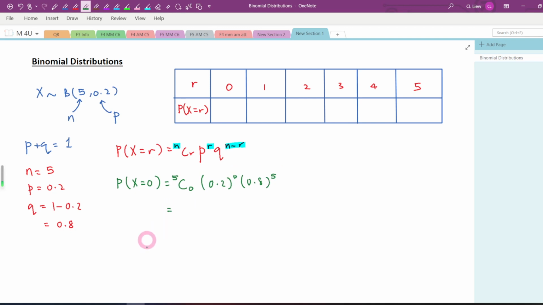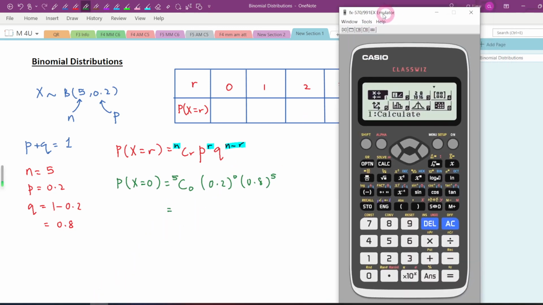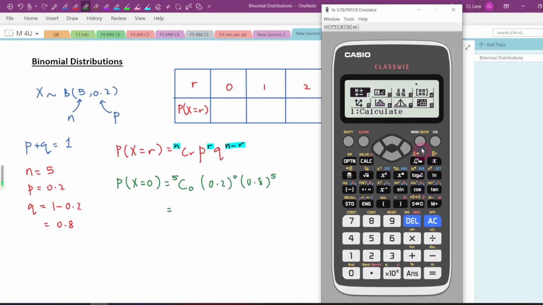Now if I just key in what I see here exactly into our calculator, what will we get? 5 C 0, and I put a parenthesis as I see here, 0.2 raised to the power of 0, and another parenthesis 0.8 raised to the power of 5.